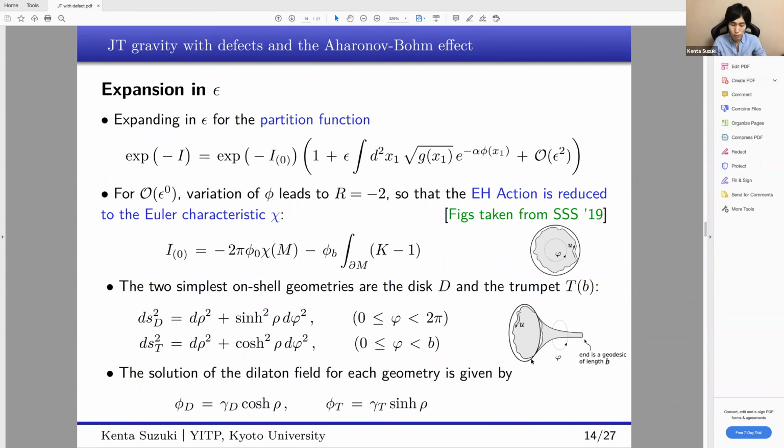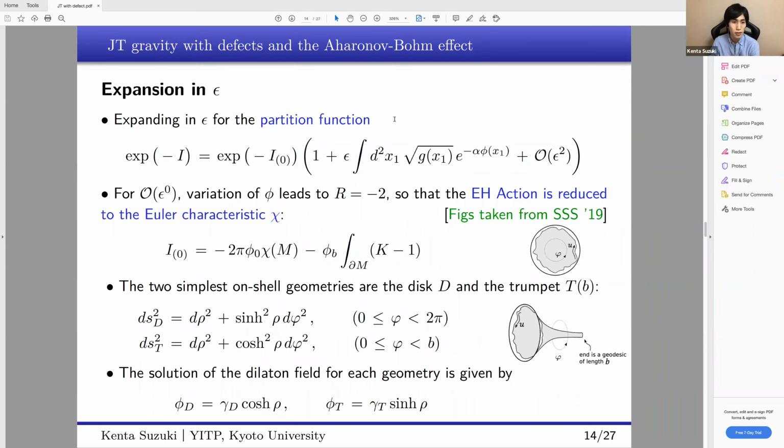In order to deal with this parameter epsilon, we expand in epsilon the integrand of the path integral. Because we are interested in Euclidean signature, the integrand of the path integral is given by exponential minus action, and for this action, we expand in epsilon. The zeroth order corresponds to the original JT gravity action, which is denoted by this I naught.